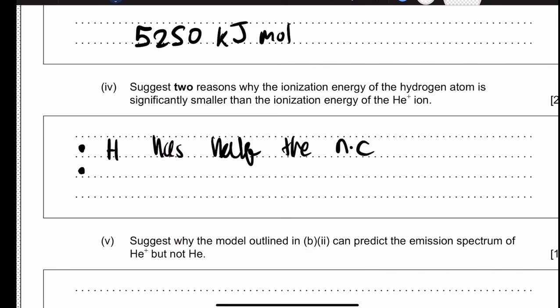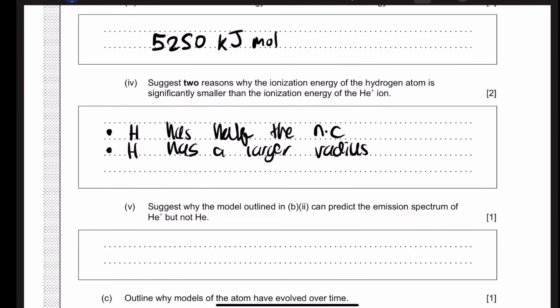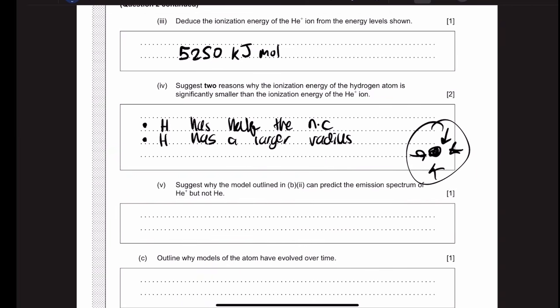So what does that mean? It means that hydrogen has a larger radius, right? We all know how that corresponds to ionization energy, right? Just remember that helium is an ion here, and that pull from the nucleus is pulling the electrons inside. It's a smaller radius.